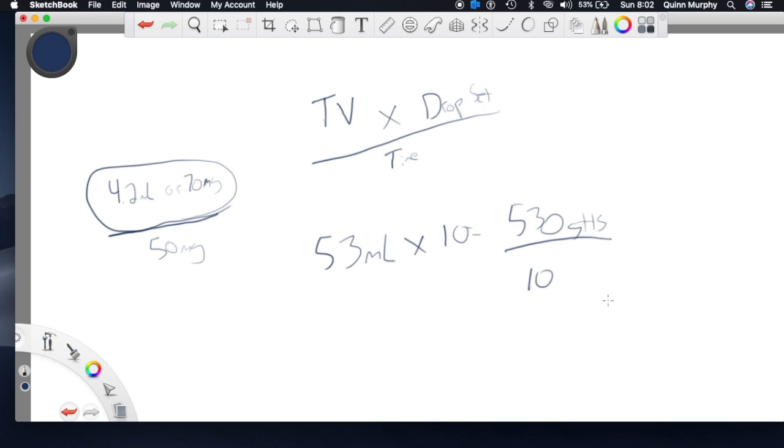So we divide that by 10, and that's going to give us 53 drops a minute. I would round this up to 60 drops a minute, which is going to equal 1 drop a second.